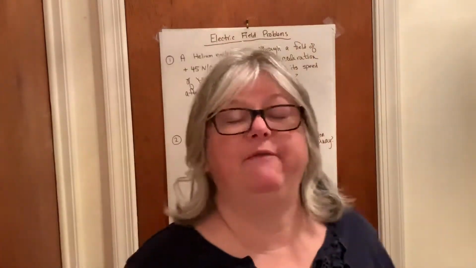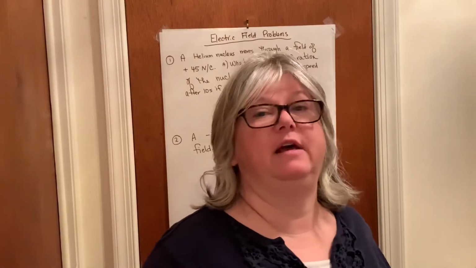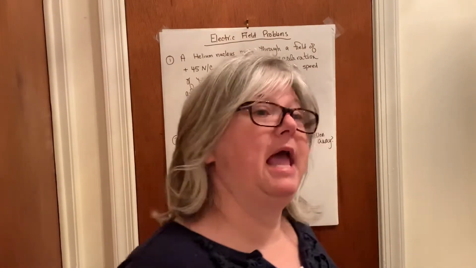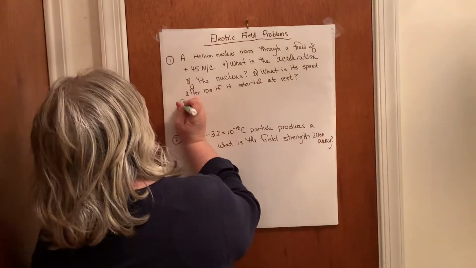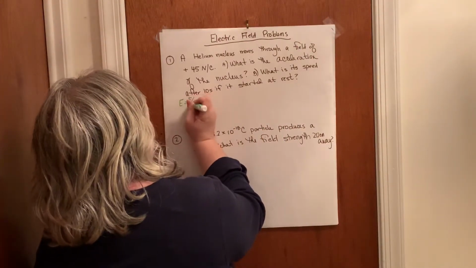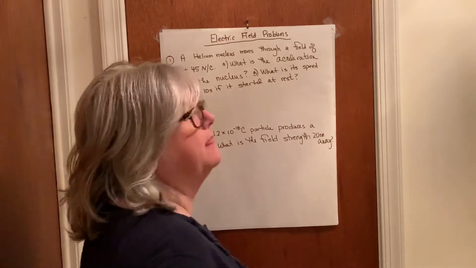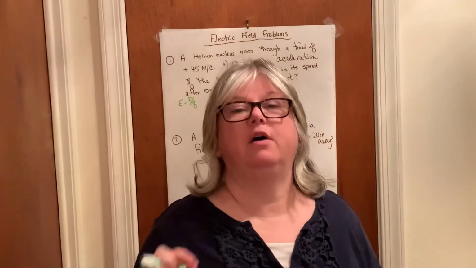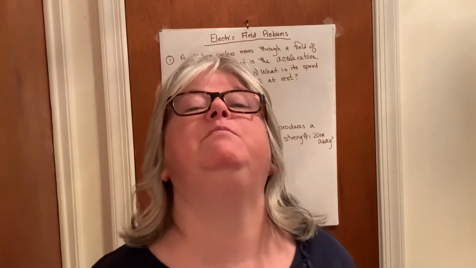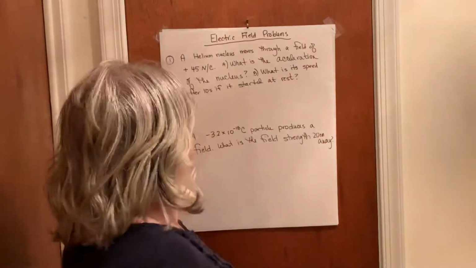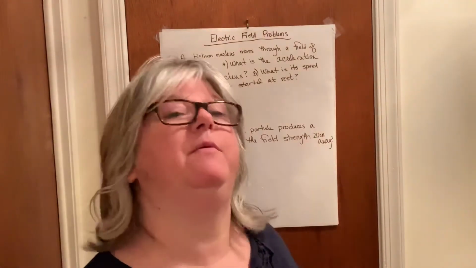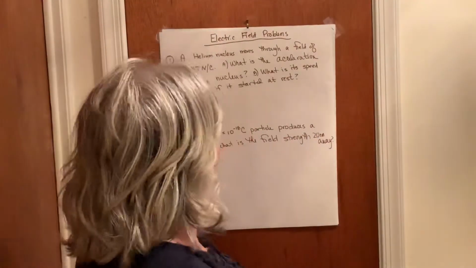We have two formulas for the electric field. E equals F over Q. That is the formula for a particle that is experiencing the field. I'll tell you how to remember the other one when we get to it.